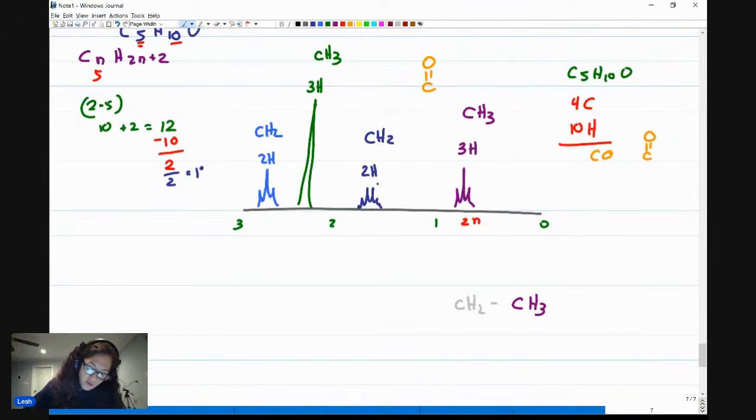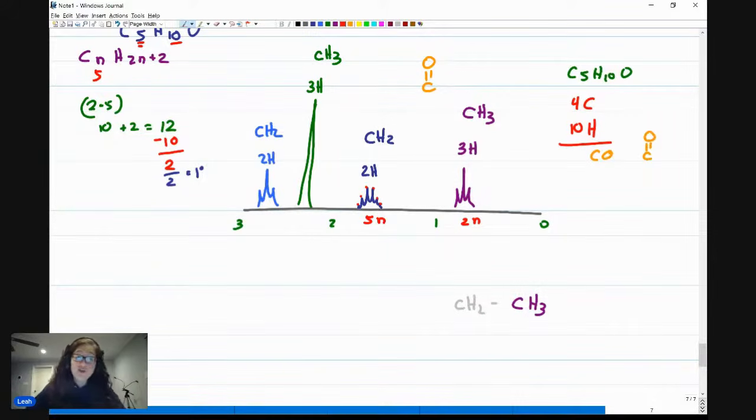If I look over at this CH2 over here, it's a multiplet, and it looks like it has a total of 6 tips. That would be 1, 2, 3, 4, 5, 6. The 2 on the right and left are very hard to read, but it's obvious enough if we count it. That means these 2 hydrogens have 6 minus 1, which is 5 neighbors.